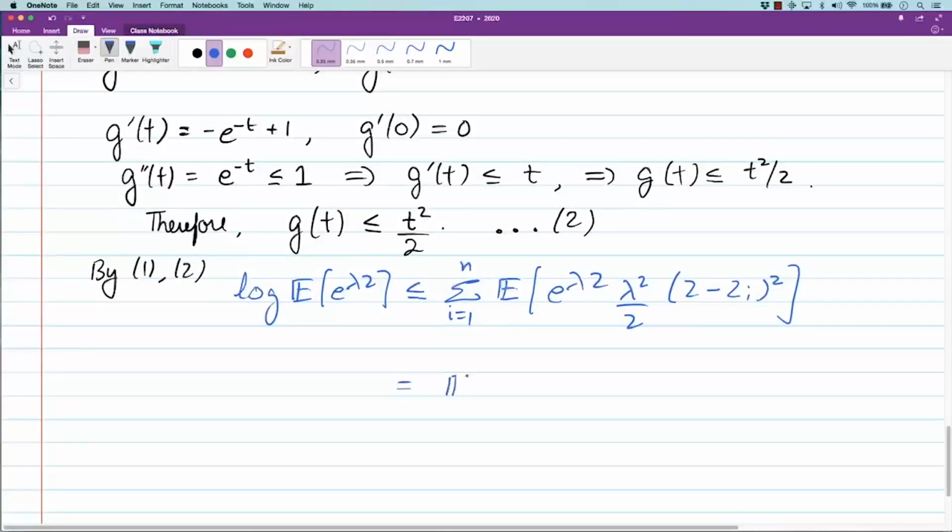Very nice. So this expected value of e to the power lambda Z comes out, and we have lambda squared by 2 times the summation over i equal to 1 to n of (Z minus Zi) squared.